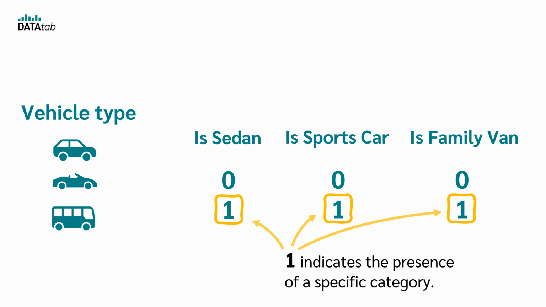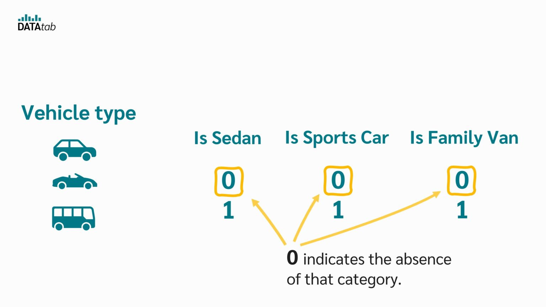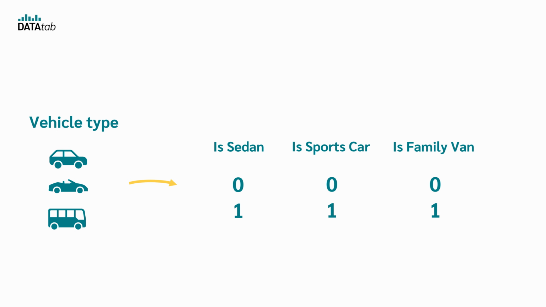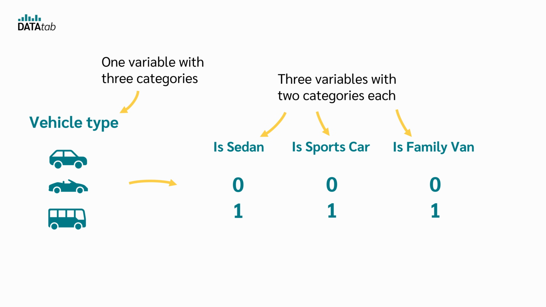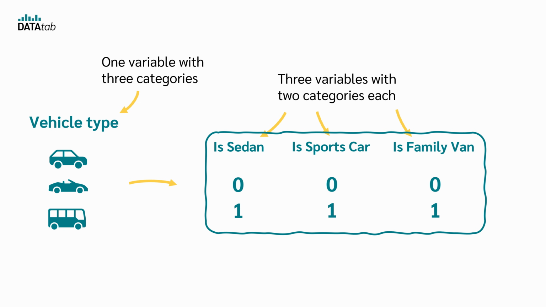A value of 1 indicates the presence of the specific category, while a value of 0 indicates its absence. Instead of having one variable with three categories, we now have three variables with two categories each. These newly created dummy variables can be included in the regression model.